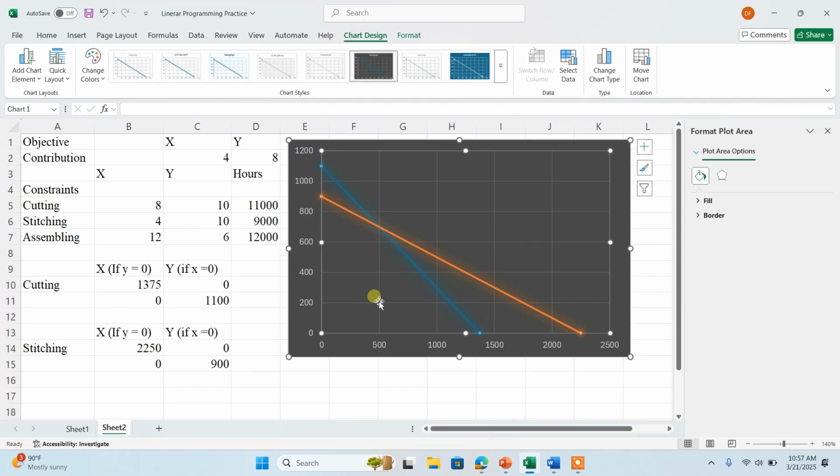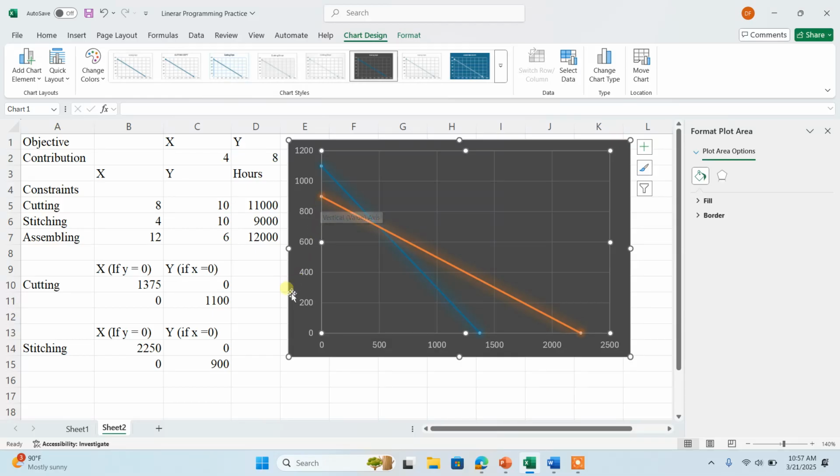This is the maximum. The rest you can produce in between. If you are producing in between, it means that you are not utilizing all the hours. To utilize all the hours, you should be on this point, or this point, or maybe this point, on this line and then the orange line.